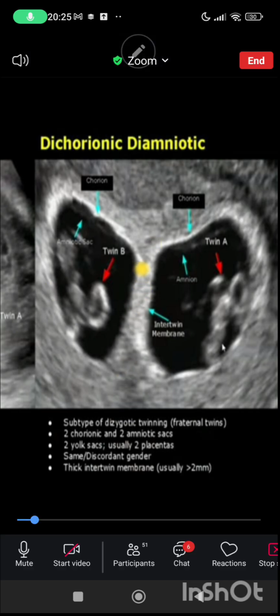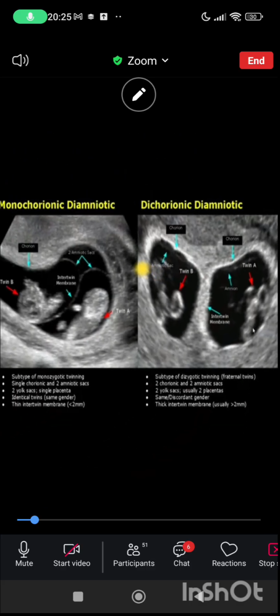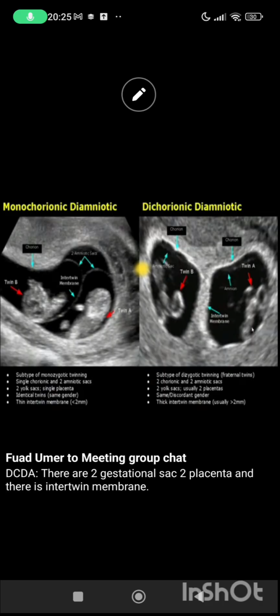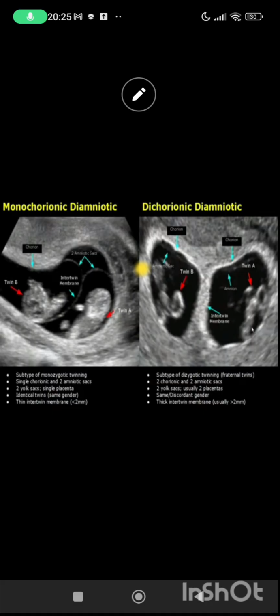So what's the difference between monochorionic diamniotic and dichorionic diamniotic twin gestation? In monochorionic diamniotic twin gestation, there is just one sac, and then there's a thin membrane dividing the sac into two amnions.